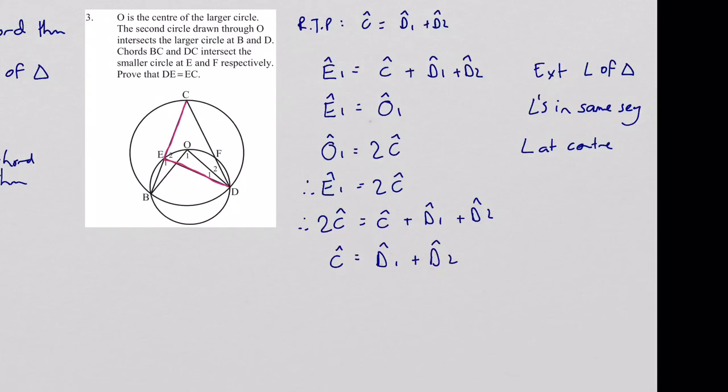And that's now what we were required to prove. So remember right at the beginning, what did this mean if we could prove that? It would mean that this angle over here, C, is equal to D1 plus D2. And now that we've proven that, we can therefore conclude, therefore, DE equals EC, and the reason is isosceles triangle.